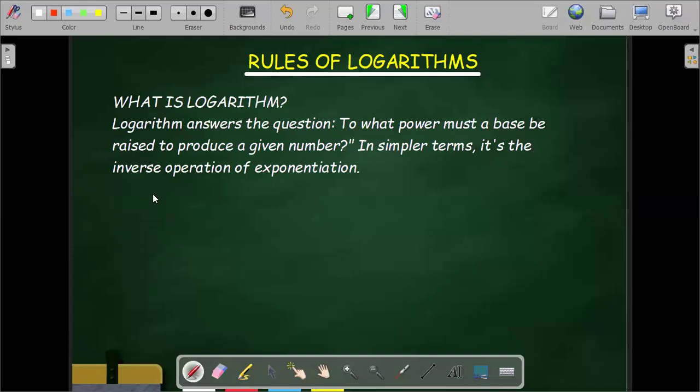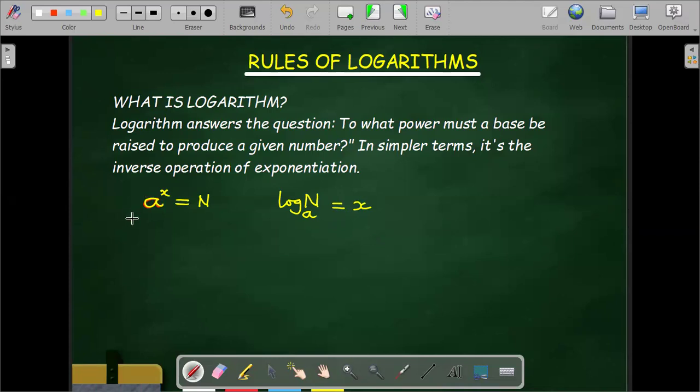What do we mean? For example, let's say we have an exponential expression. Let's say a raised to power x gives a particular number n. Transforming this into logarithm means the logarithm of this number n to a base of a is giving us x.